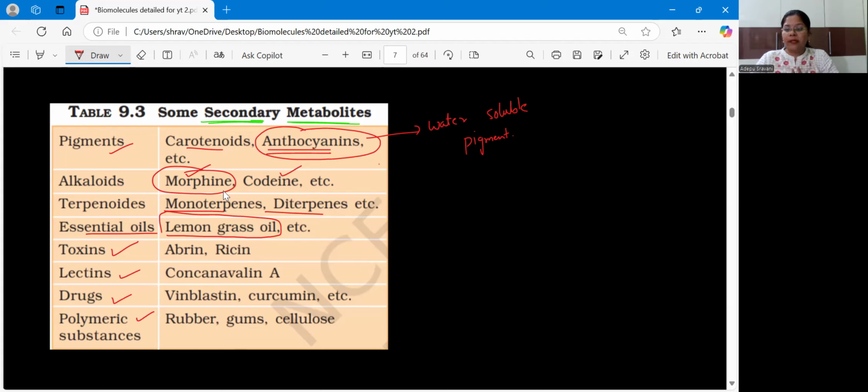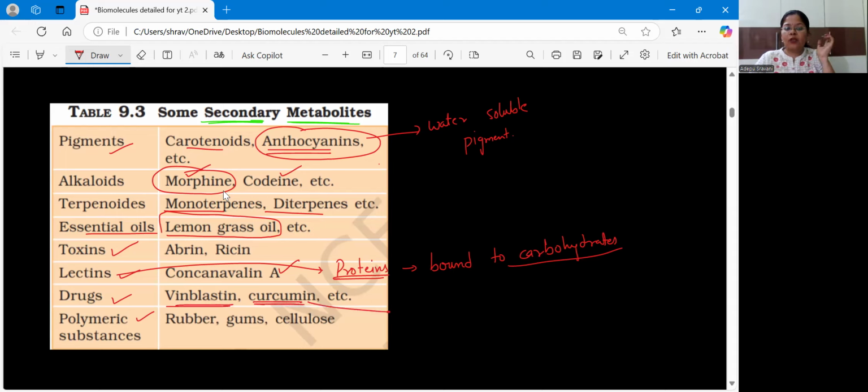Lectins are concanavalin A. Now, if you ask the meaning of lectins, lectins are actually proteins which are bound to carbohydrates. So there are certain proteins which are bound to carbohydrates or certain sugars in plants. Now, what is the function of these lectins in the plants? We don't know. And the example of lectin will be concanavalin A, very important. Drugs will be vinblastine and curcumin, etc.